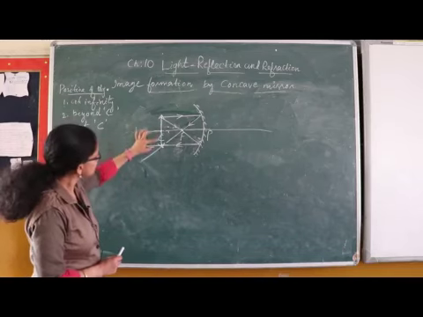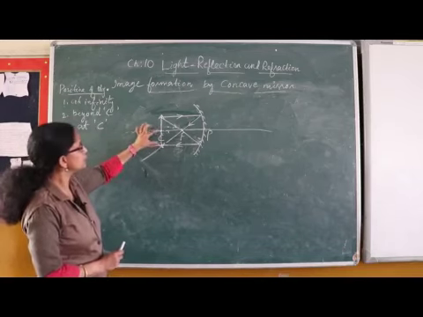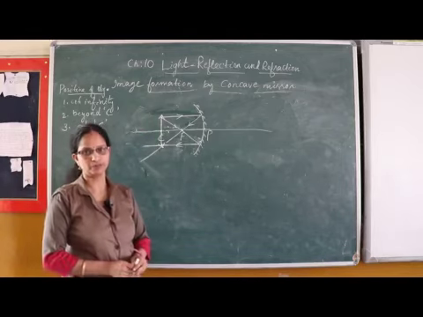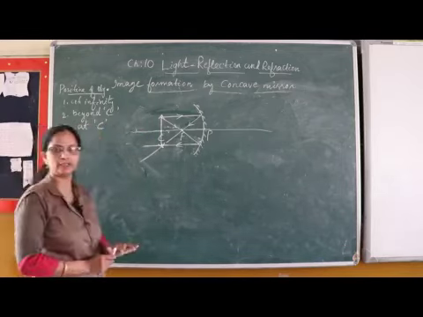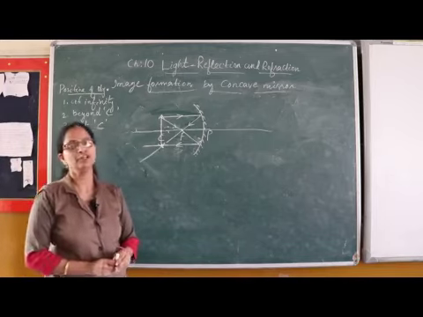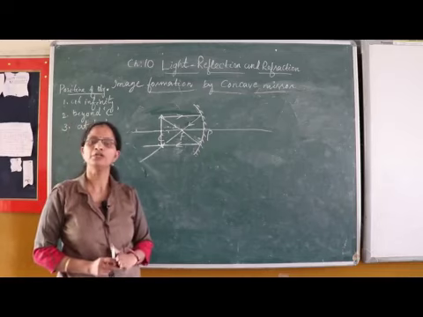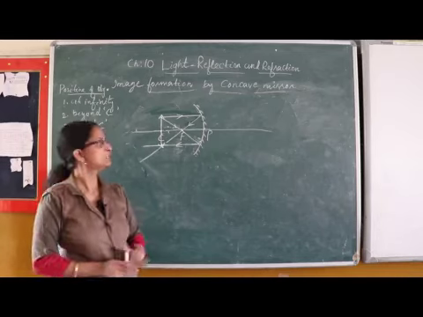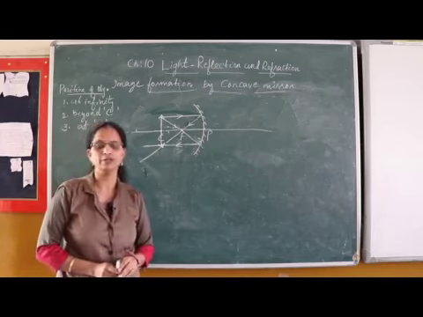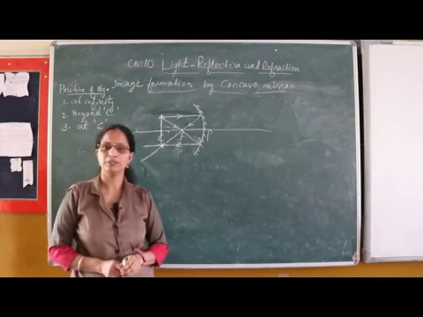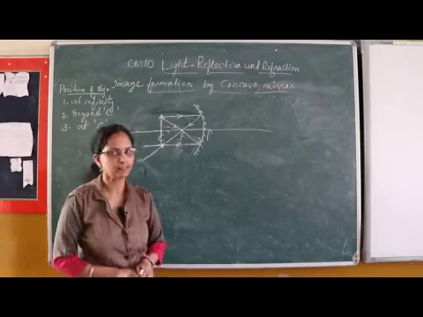And the size of the image is equal to the size of the object. So this is a special case in the case of a concave mirror. When the object is kept at the center of curvature, the image formed is of the same size, real and inverted.